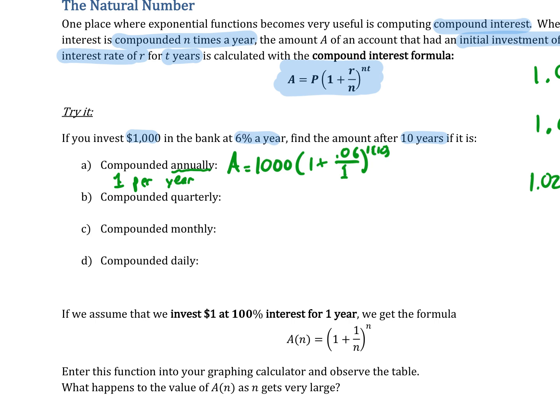So if you enter this whole thing just like this in your calculator, 1,000 parentheses 1 plus 0.06, you obviously don't need to put this divided by 1, to the 10th power, you'll get $1,790.85. You leave that $1,000 in the bank. Now, if we compound quarterly, this means 4 times per year.